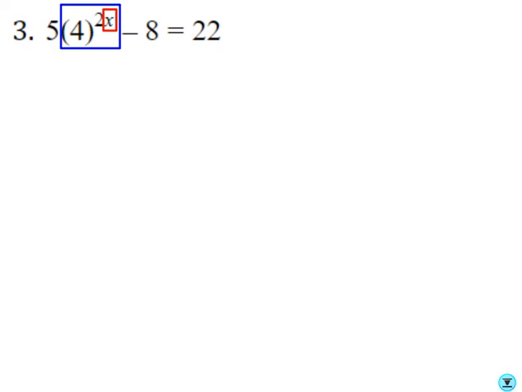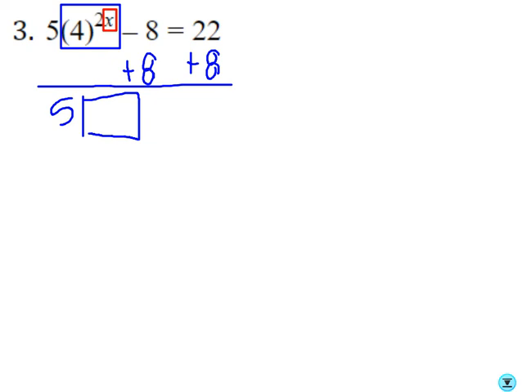We're going to treat that blue box just like a variable. So 5 times the box minus 8. I'm going to add 8 first to both sides, and I'm going to leave this box as a representative for now, is equal to 30.